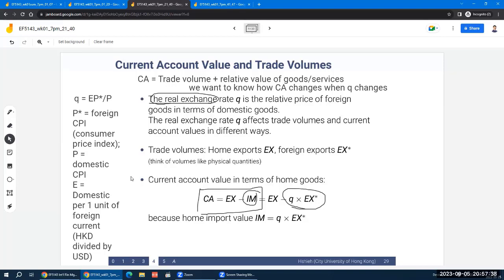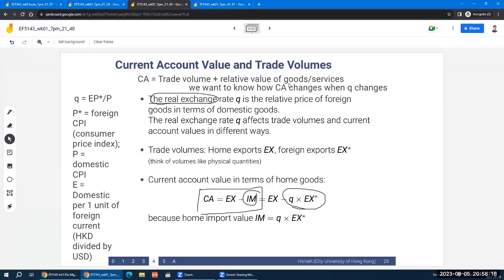The trade volume effect comes from just EX. Why? Well, if Q increases, that means foreign goods and services are getting more expensive. You will most likely curtail importing from your foreign trading partner and start exporting your goods and services, because your goods and services are cheaper than before, relatively speaking. So if Q increases, our goods and services are more competitive, and that's most likely going to drive exports. That's the EX part, all else equal, assuming everything else is constant. Yes?